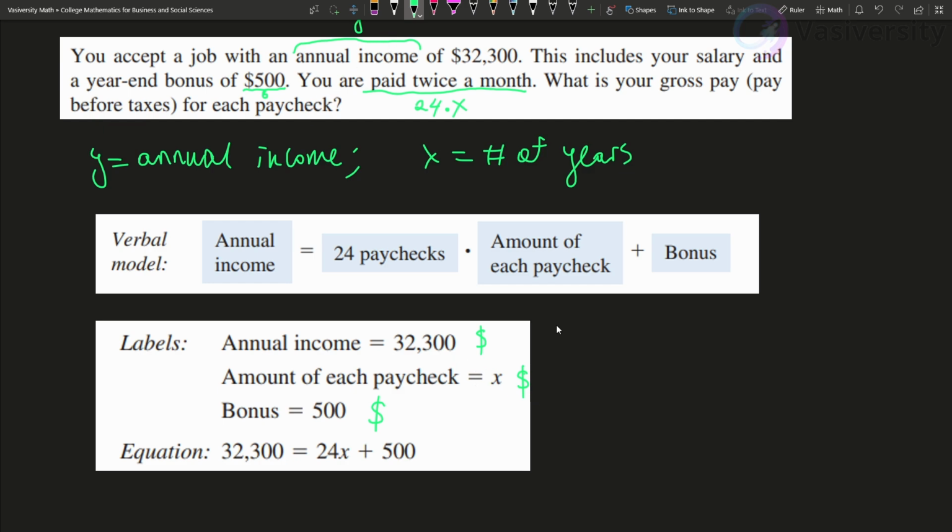So we know how much we actually get per paycheck. Let's go ahead and set up the equation. We have 52,300 is equal to 24 times X plus 500. In order to solve it, let's subtract 500 from both sides.